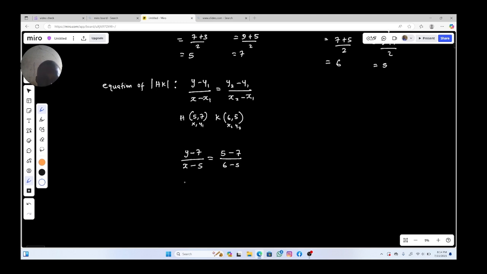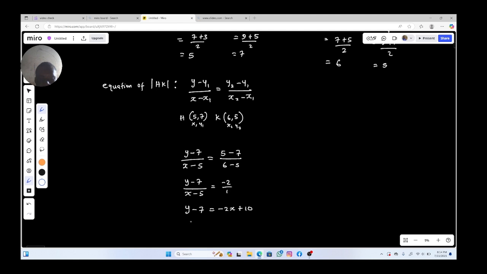So this gives us (y minus 7) over (x minus 5) equal to 5 minus 7, which is minus 2, over 6 minus 5, which is 1. Minus 2 over 1 is the same as minus 2. When we cross multiply, we have y minus 7 times 1, which is y minus 7, equal to minus 2 times (x minus 5), which gives us minus 2x plus 10.